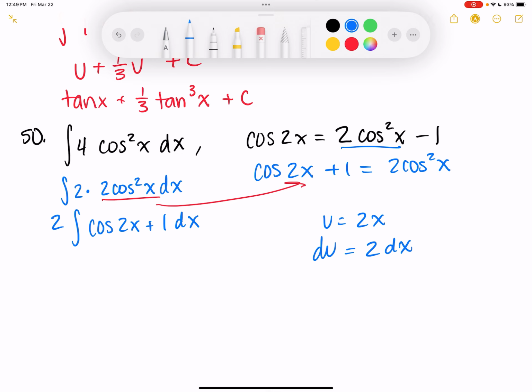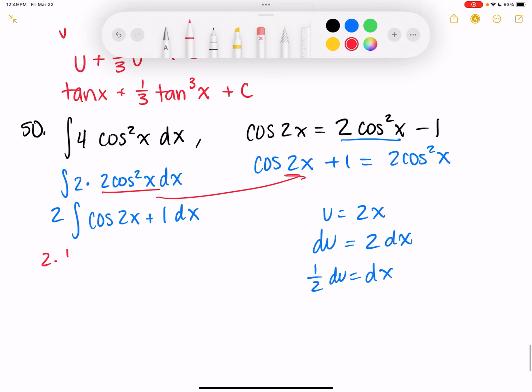Now, if I had left this 2 inside of here, I would have, but I pulled it out, so it's just going to end up being 1/2 du is equal to dx, so I'm just going to end up putting the 1/2 out front, and it's going to go away. So if I had left it inside or I'd taken it out, it would end up with the same thing. So this is going to be, I'll write it as 2 times 1/2, just for the sake of everyone seeing what I'm doing. Then the integral of cosine of u plus 1 du. So the stuff out front is just going away.